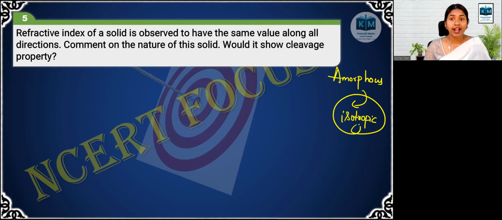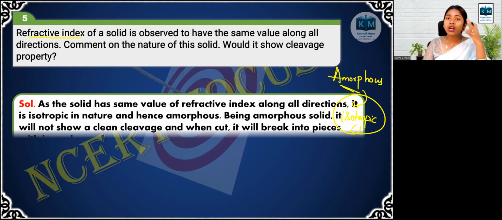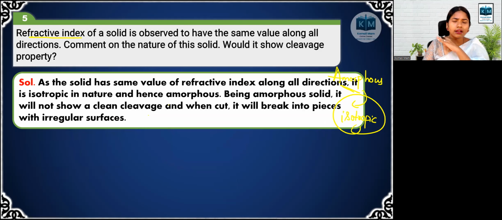What is the meaning of isotropic? Similar properties in all directions. So based upon this, the refractive index of the solid has the same value. It is amorphous. If you cut it, it doesn't show a nice cut. It will break into pieces.